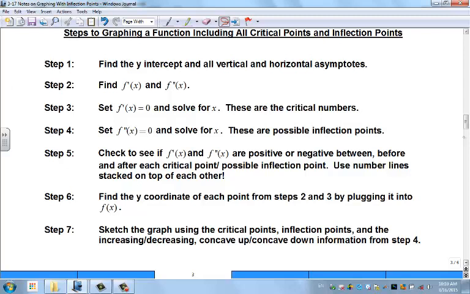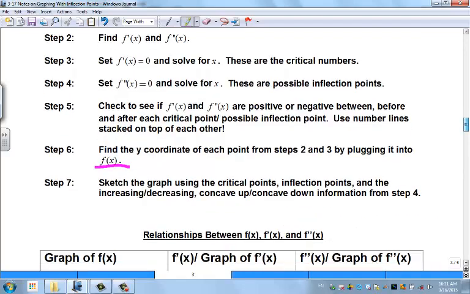And they should all coordinate. Number 6, find the y-coordinate of each point from step 2 and 3 by plugging it into the original equation, f of x. And then finally, sketch the graph using the critical points, the inflection points, and the increasing, decreasing, concave up, concave down information from step 4.